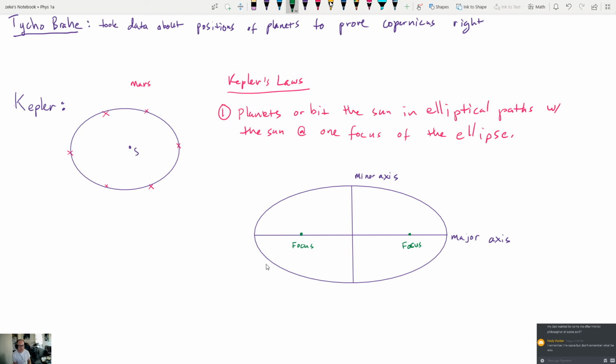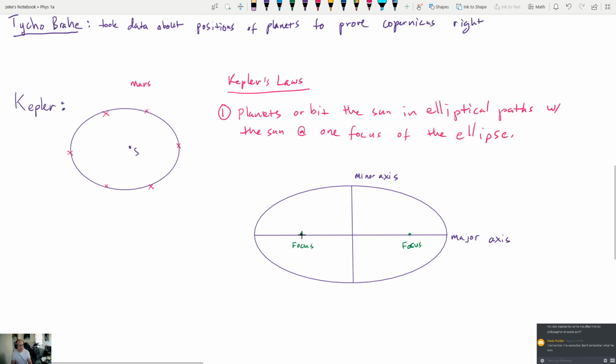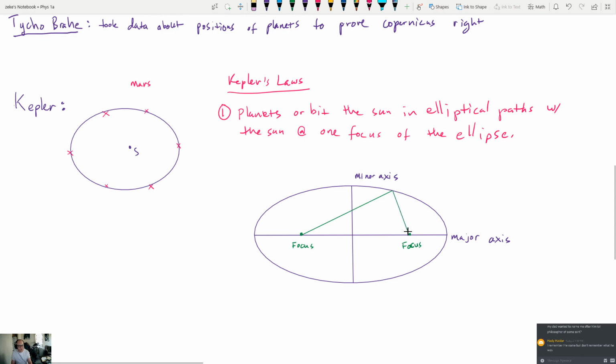One way you could define an ellipse is if you were to take a line and draw it from here to the edge, and then draw a line from that point to the other focus here, then these 2 line segments, when you add them together, will have some length.